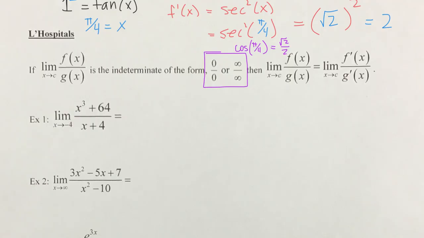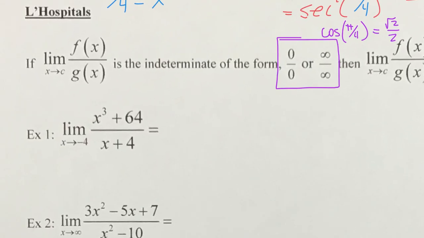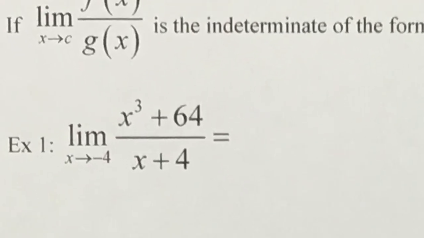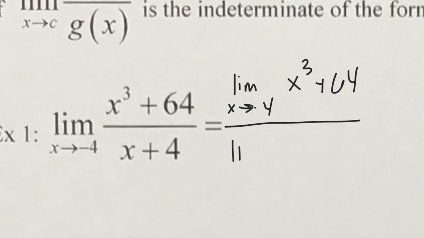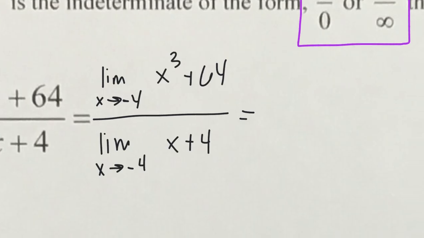Now this is the formal way of doing it, and this is a true statement. If we have an FRQ on your AP test, this is what you have to do. Okay, so we can take the limit of the numerator and the limit of the denominator separately. Right, so this is how we are going to evaluate that we are actually able to use L'Hopital's rule.